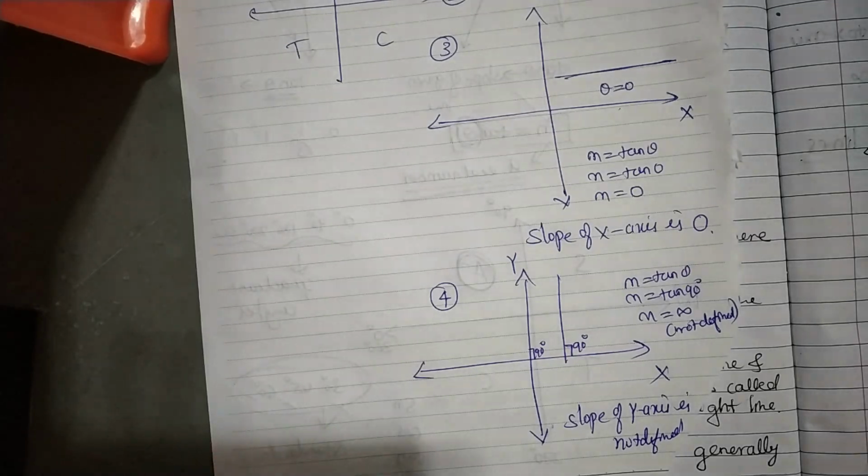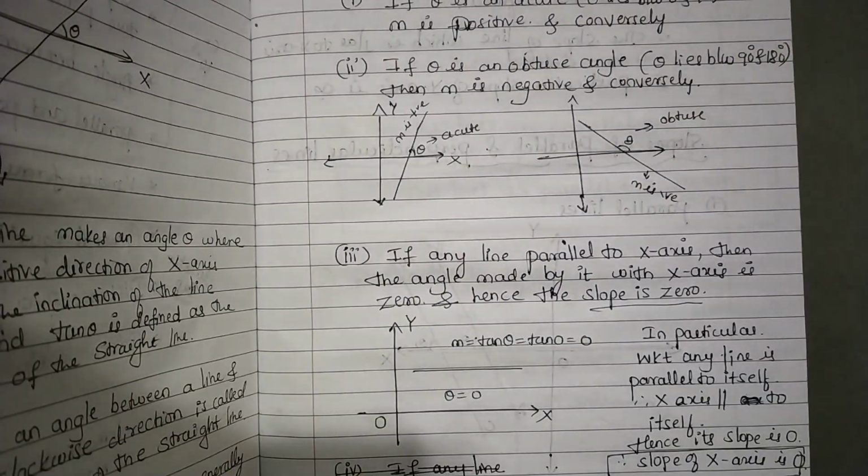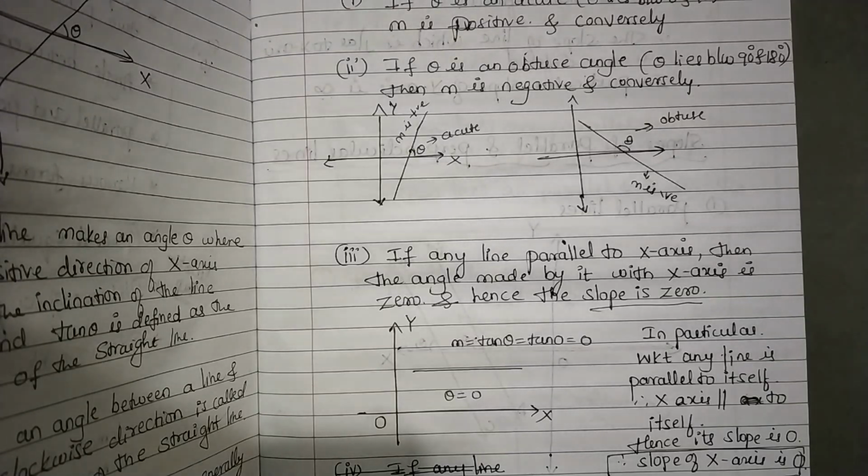Okay, when theta is acute, slope is positive. When theta is obtuse, slope is negative. If any line is parallel to x-axis, then what is the slope? 0. When parallel, there is no angle. No angle means theta is 0. Therefore m is equal to tan 0, which is 0. And we know that x-axis is parallel to itself.